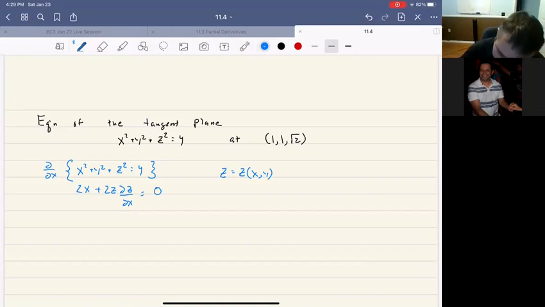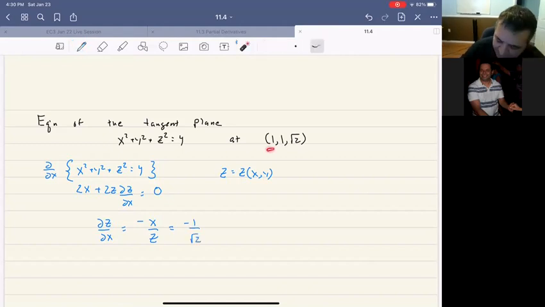Okay, so partial of z with respect to x is going to be negative 1. I'm sorry, negative x over z. Now in this case, at this point, it's going to be negative 1 over square root of 2, because this is x and that is z.